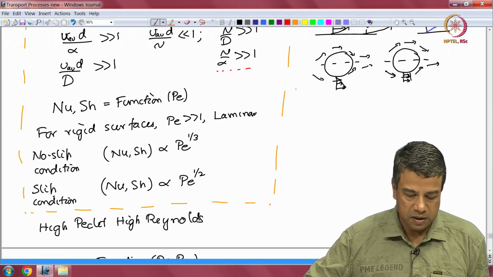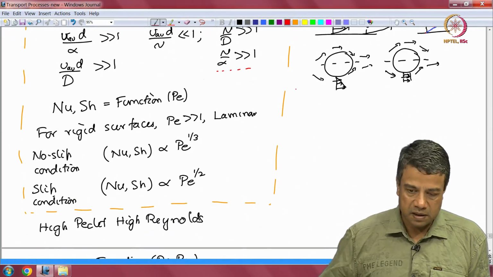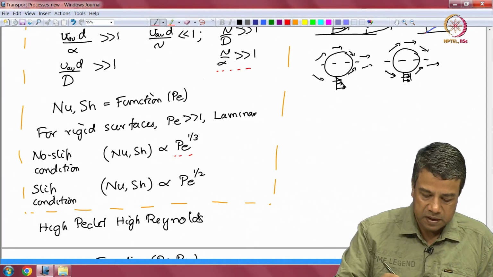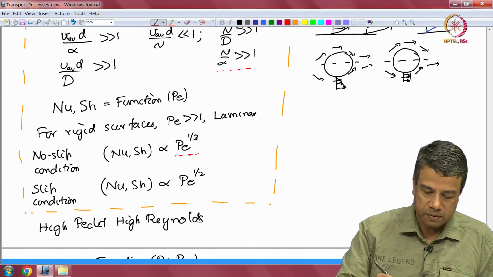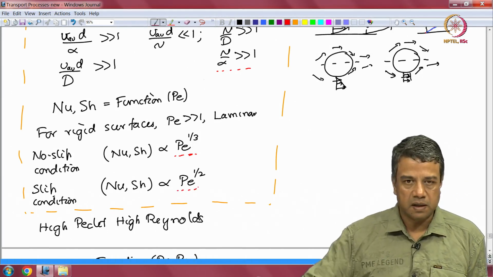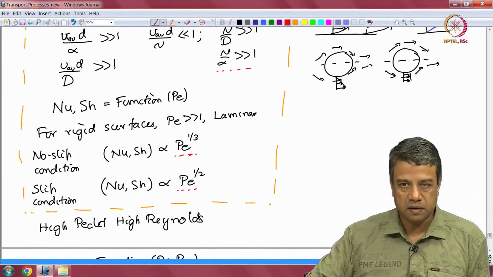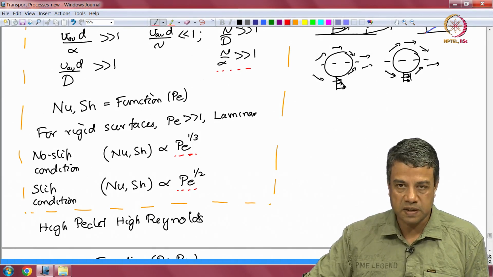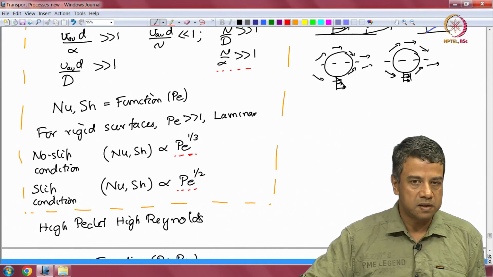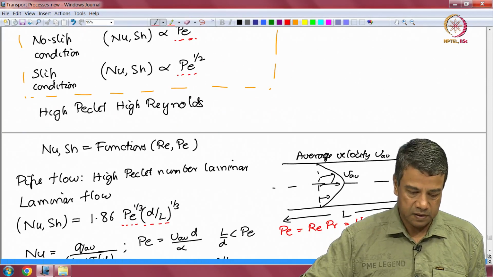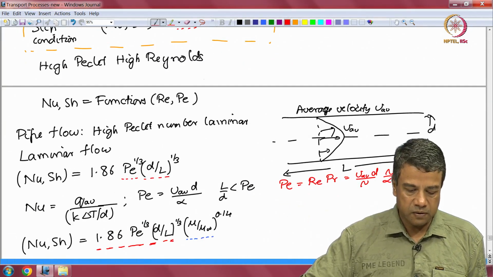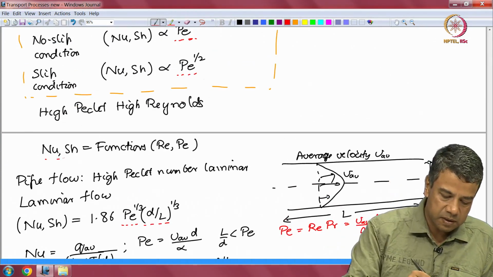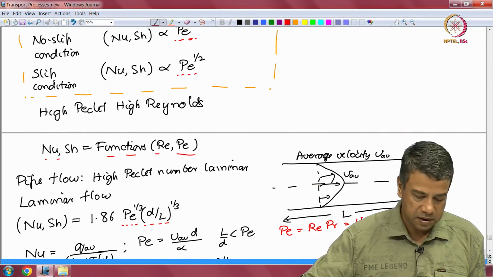And I told you that the scaling laws that we typically get in these cases are Pe to the power 1/3 for the flow past a rigid surface with a no slip condition, and Pe to the power half for the flow past a mobile interface where the velocity is non-zero and the shear stress is 0. And of course, if we go to high Reynolds number and high Peclet number, then the Nusselt number and Sherwood number are functions of both the Reynolds number and the Peclet number.